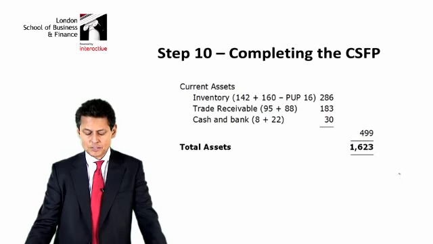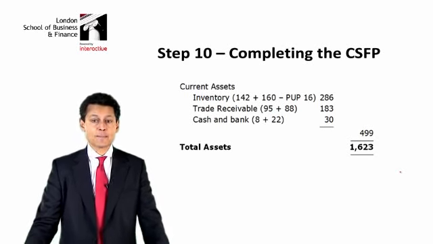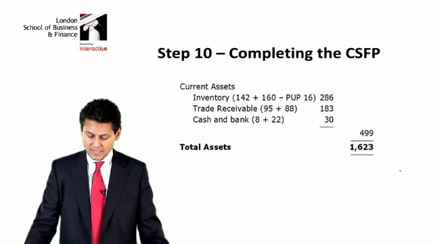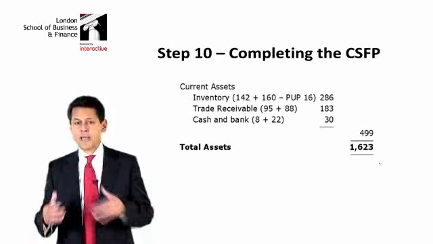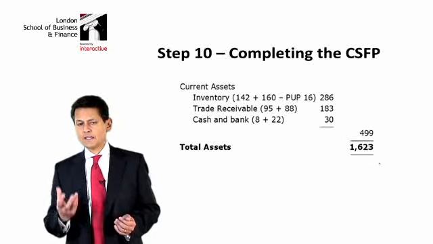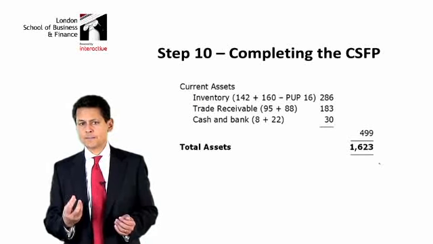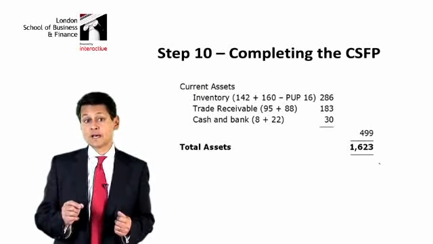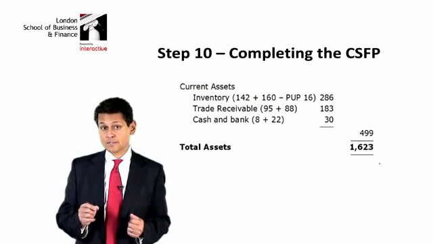The PUP, of course, just show it right at the end. Whoever sold to whoever, the PUP does end up in the inventory as a deduction. Don't forget, if the parent sells to the subsidiary, the charge for the PUP, the reduction of profits, goes to the parent's reserves in the consolidated reserves account.